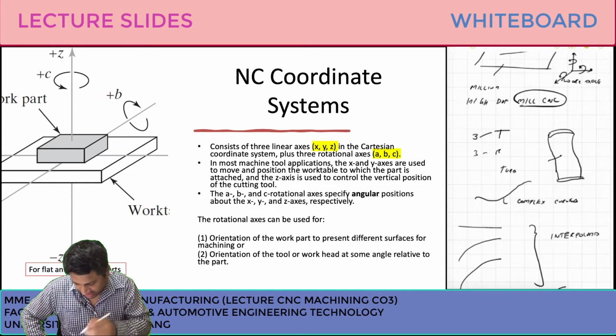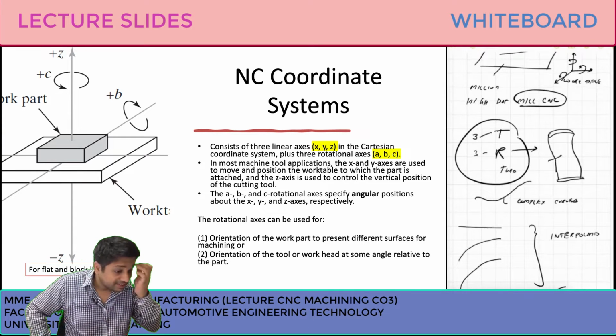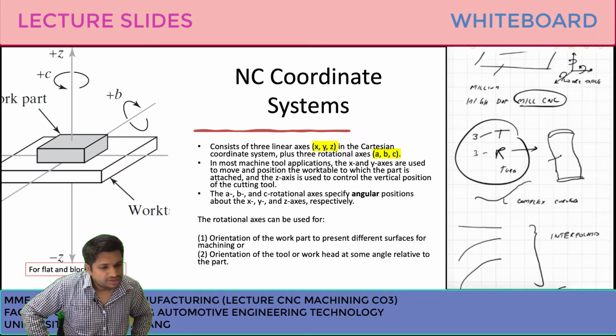But in short, the 3 translation axes and 3 rotational axes help us obtain turbine blades and shapes that are very, very complex. So the more translation and rotational axes we have, the easier it is for us to create these parts.